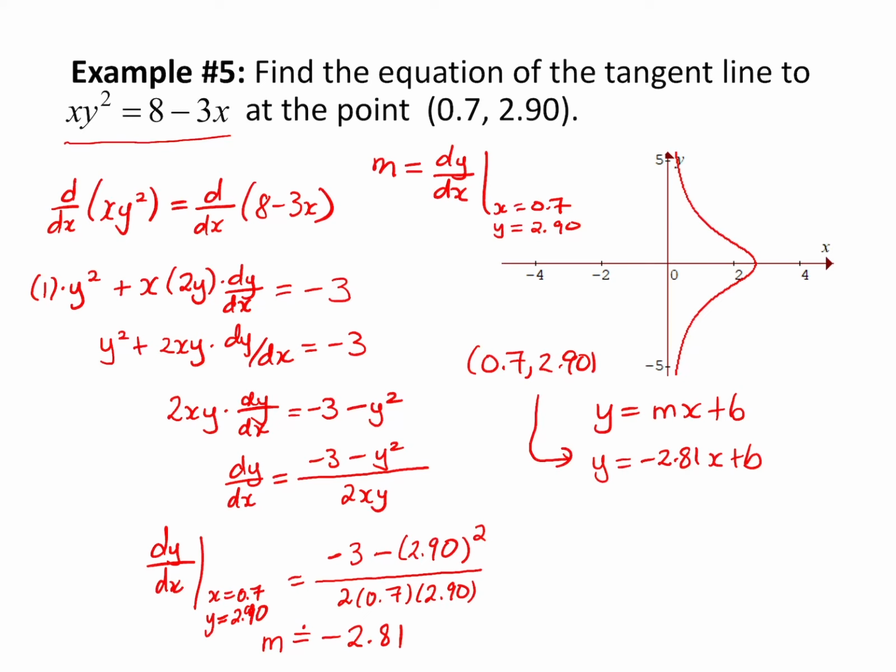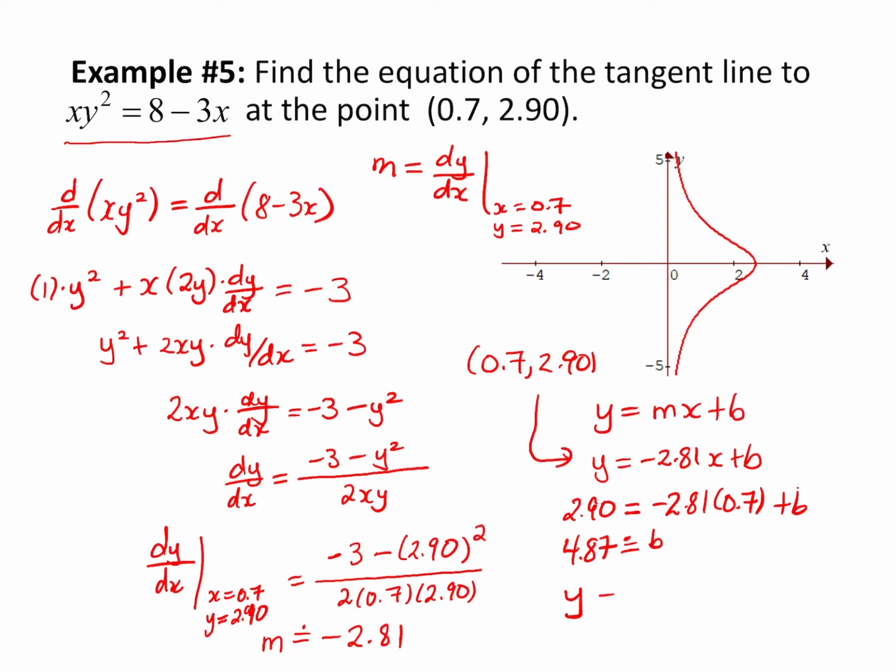So if we substitute those in, we'll have 2.90 equals negative 2.81 times 0.7 plus b. Then if we move the negative 2.81 times 0.7 to the other side, so add it to both sides, we'll have 2.90 plus 0.7 times 2.81, which will give us a value of approximately 4.87.